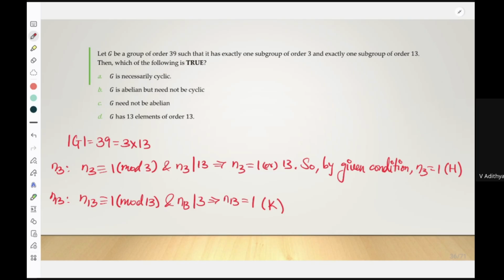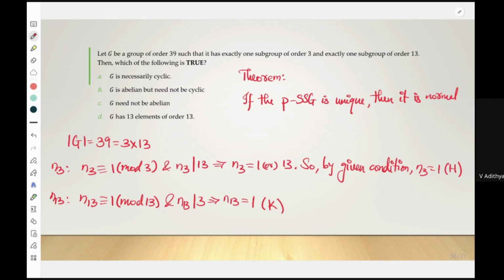And this is another theorem. If the p-Sylow subgroup, I'll use the short form PSSG, which stands for p-Sylow subgroup, is unique, then it is normal. Right?